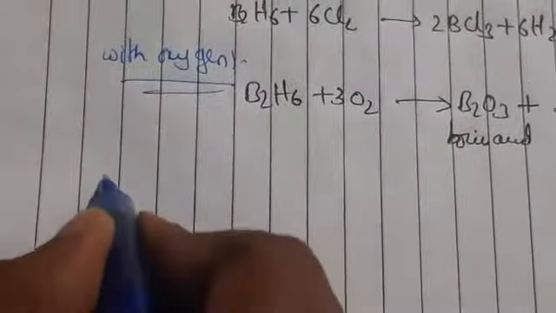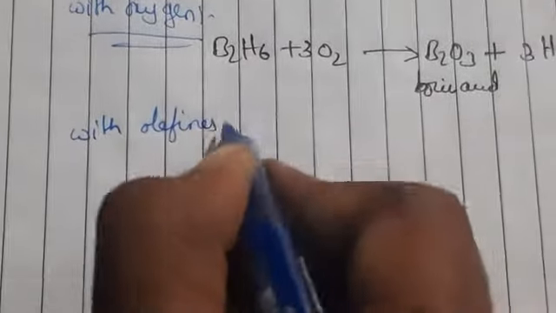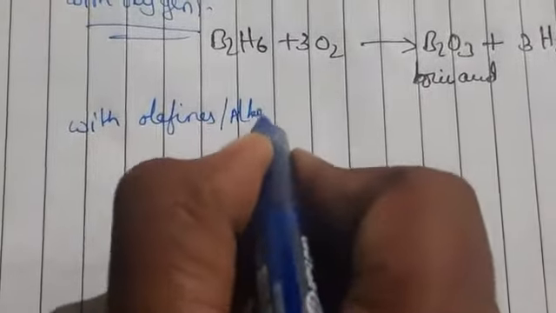And also the reaction with olefins, that is, alkenes. Olefins are alkenes, which are double bonded.